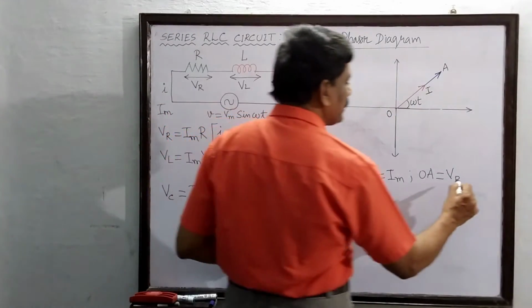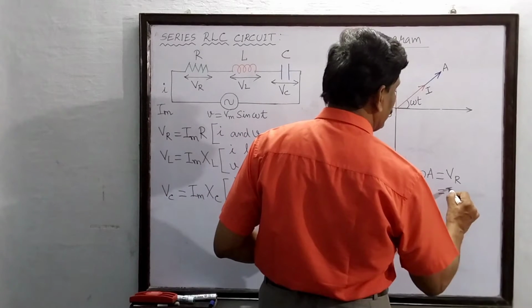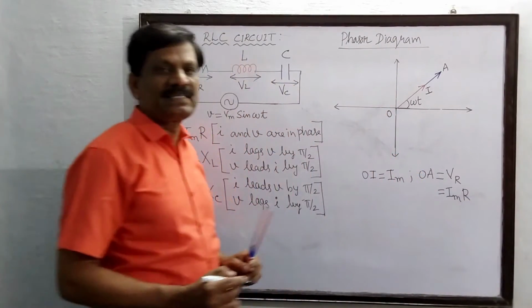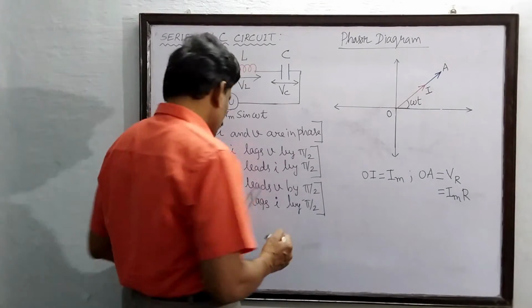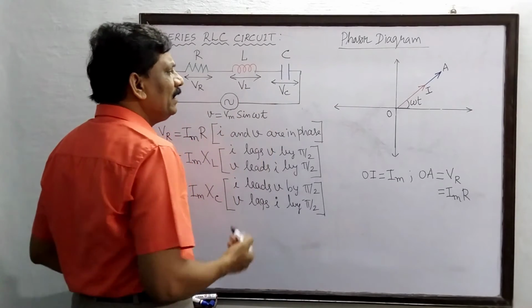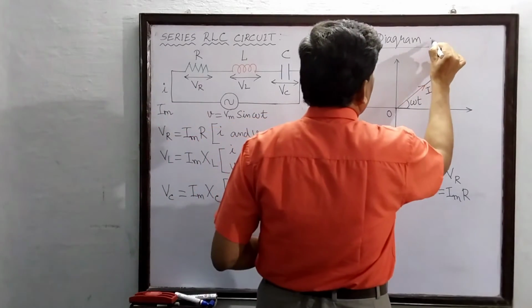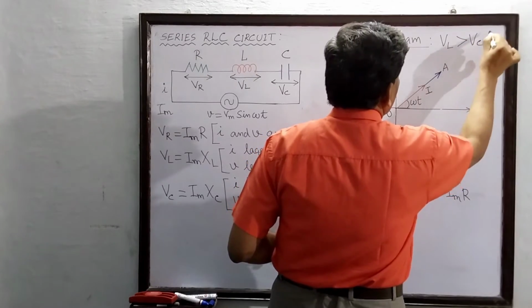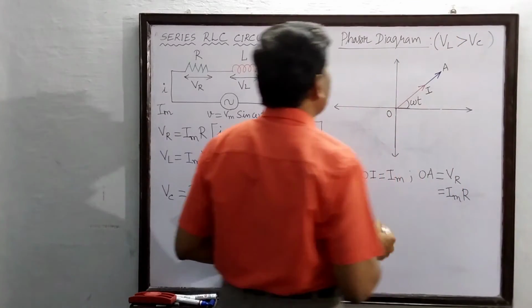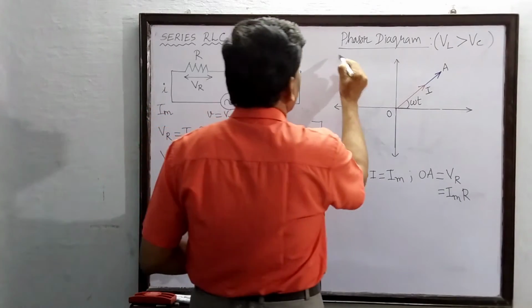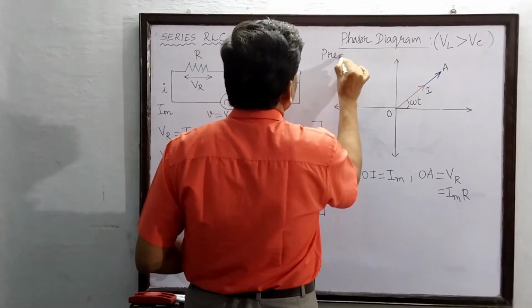So this is now equal to I maximum into R. Now, I am going to represent here VL and VC. So, I will assume VL is greater than VC, so that the circuit is a predominantly inductive circuit. Okay. So, this is a predominantly inductive circuit.